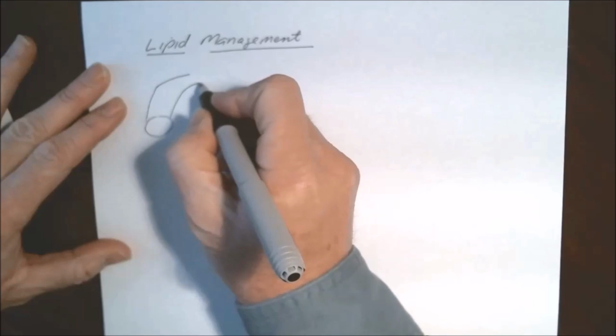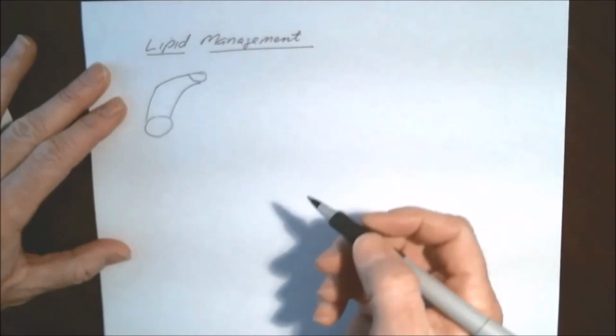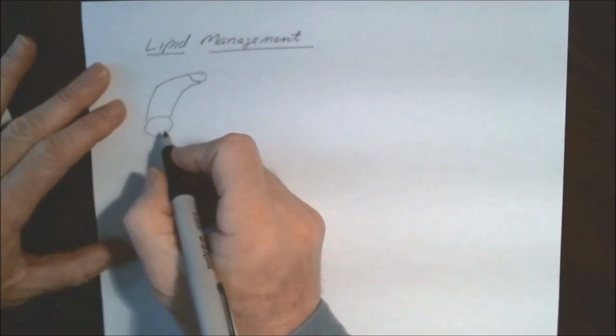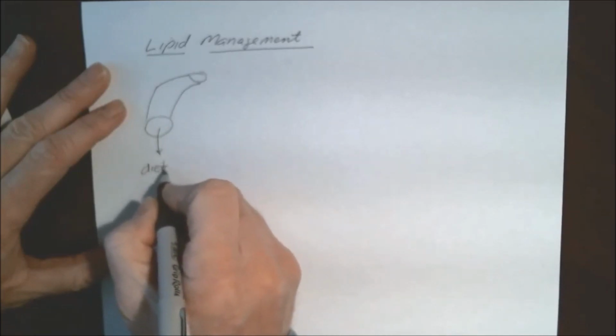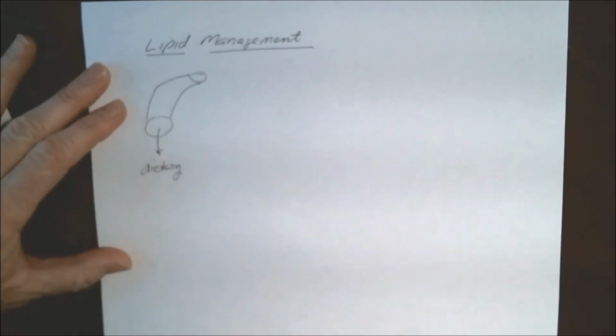dietary fats. So here's a representation of our intestine, and we have dietary fats that need to be taken up by the body from the lumen of the intestine.